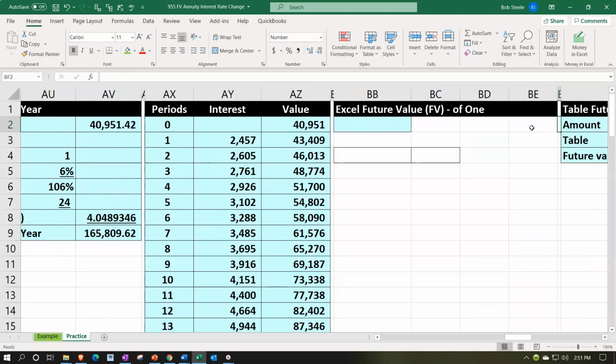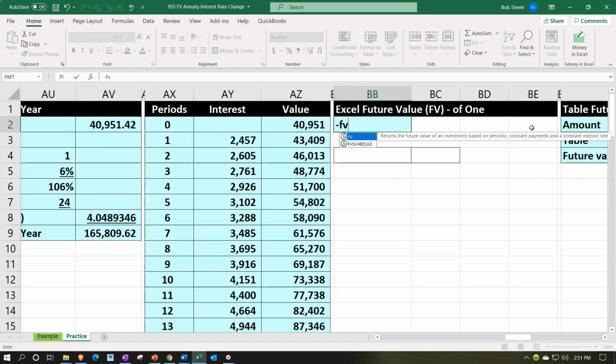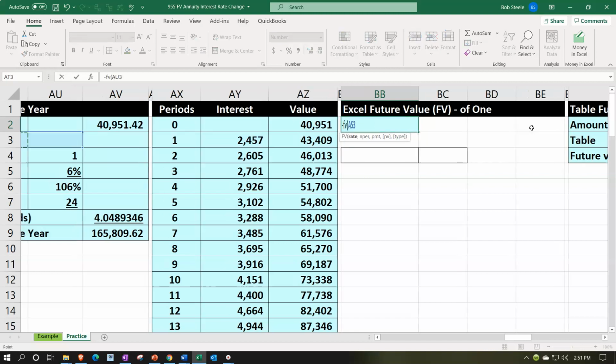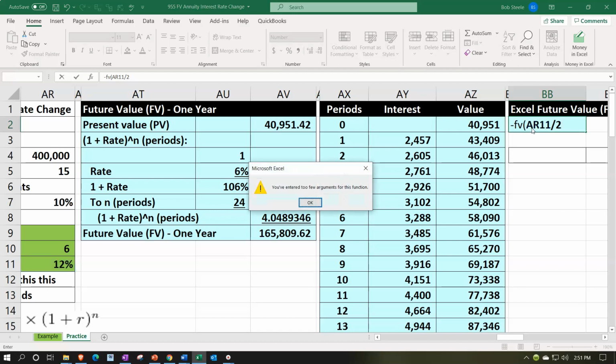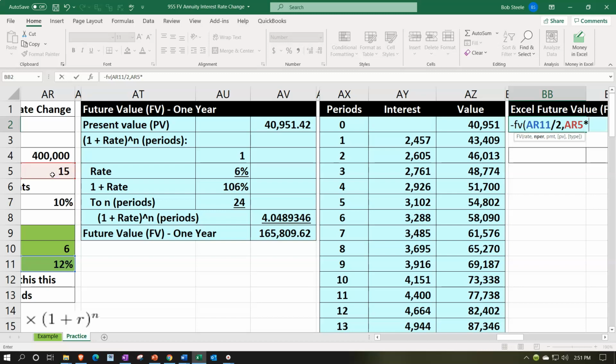Let's do it with a future value calculation in Excel. Negative future value, shift 9. The rate is going to be that 12% divided by 2, and the number of periods, hold on, I forgot the comma, the number of periods would be the 15 times 2, the original 30, minus the 6 that have passed, in other words, 24 periods.